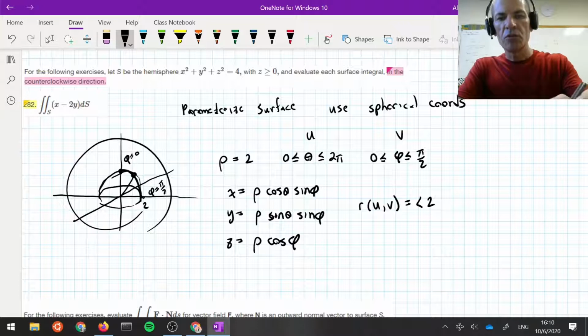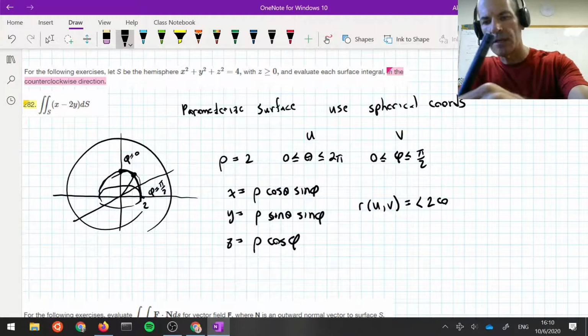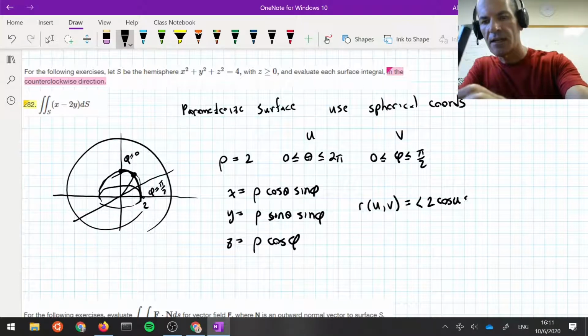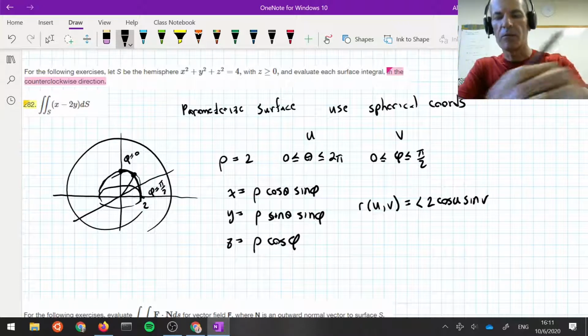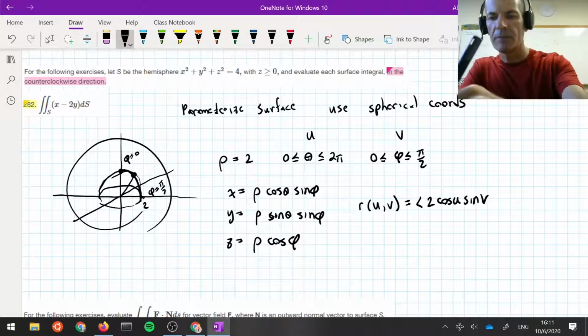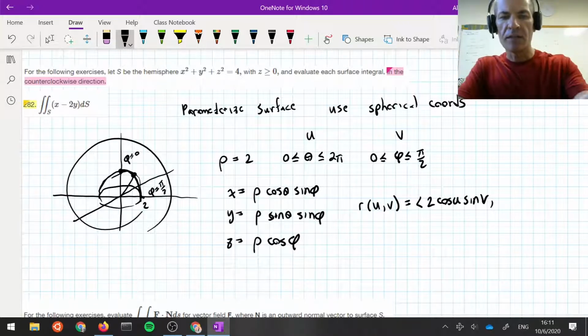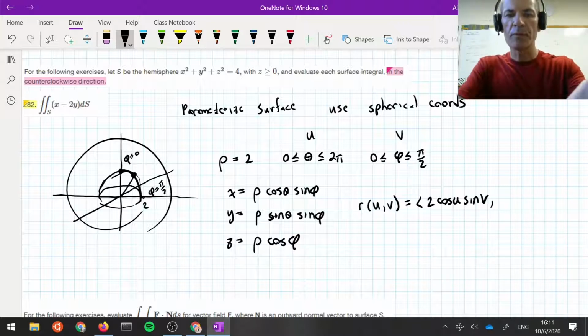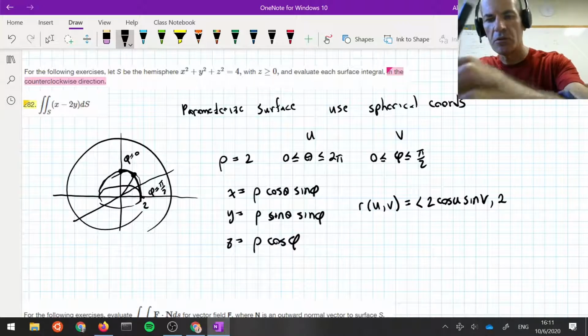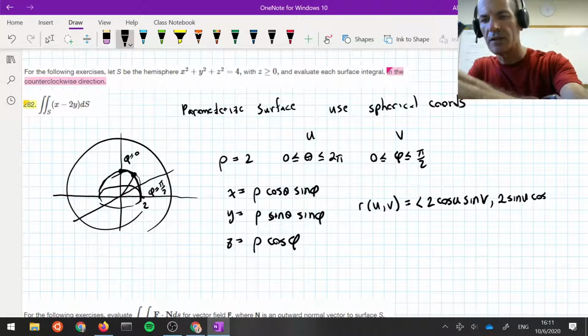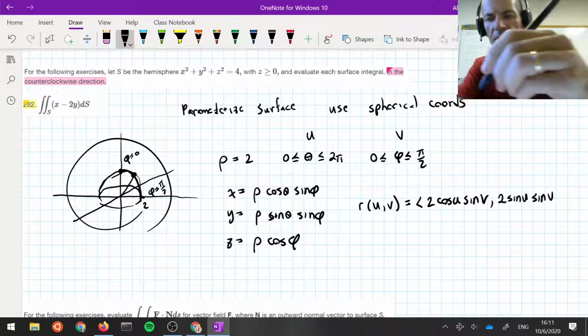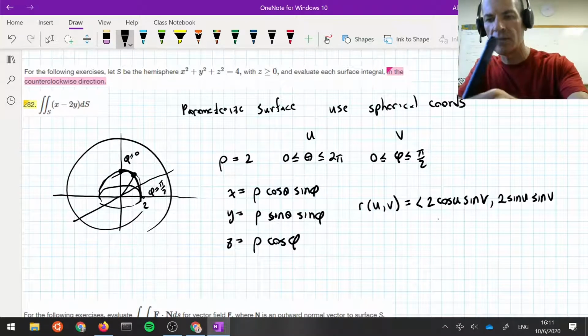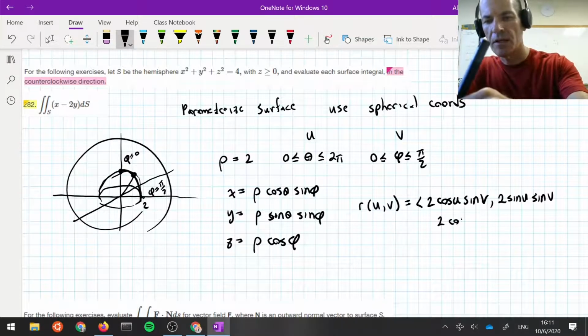We're going to use u for theta, so cosine of u, sine of v, for v is playing the role of phi. In the y coordinate of this parameterization, again, rho is 2, sine of u, sine of v. And the third component, the z component, is 2 cosine v, like that.